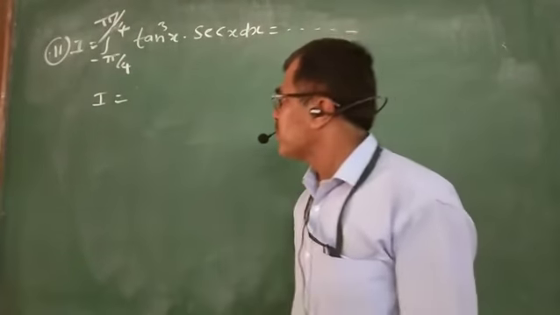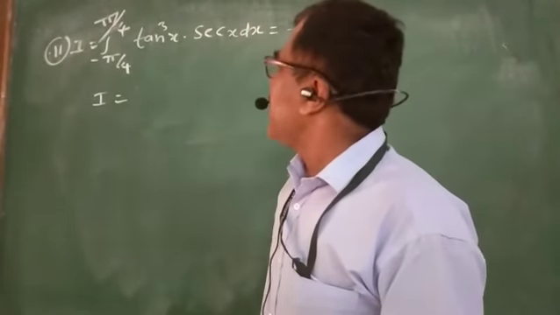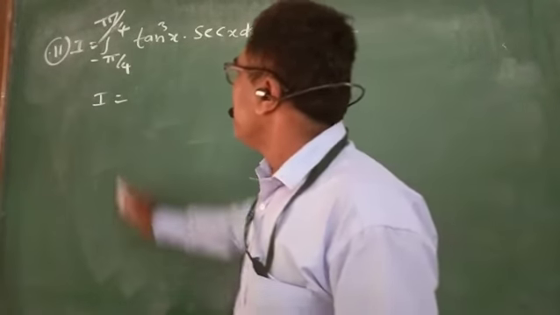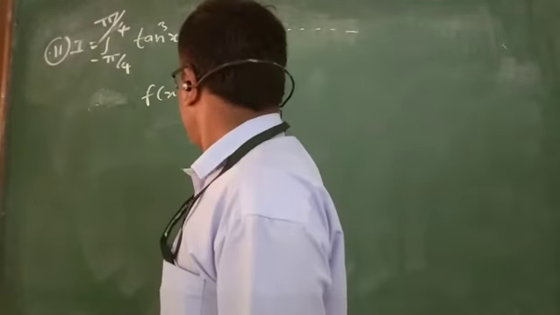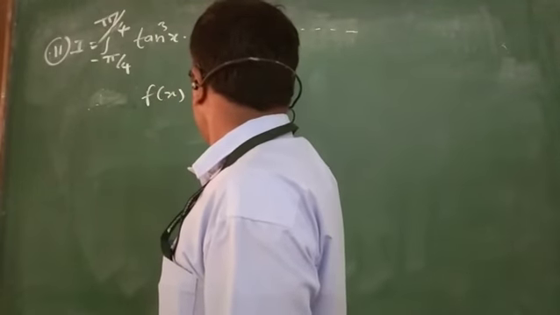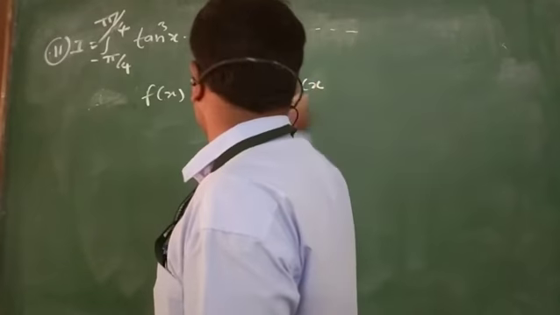Limits minus pi by 4 to plus pi by 4. F of x equal to tan cube x into sec x.